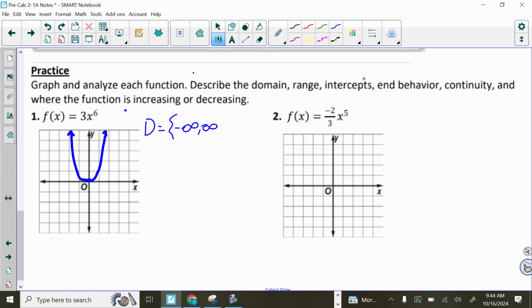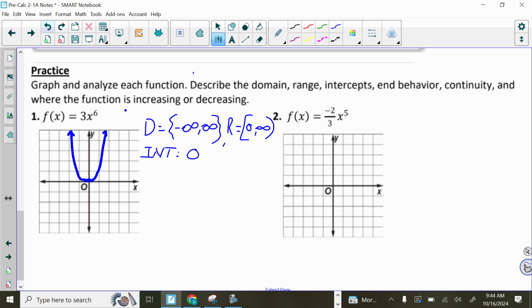The range is not going to be the same thing. The range includes 0 and then goes to infinity because there's no negative values, nothing below the x-axis there. So we include 0 with the bracket, and then infinity, we got the parenthesis there. So that's our range. Intercept, we know it has an intercept at 0.